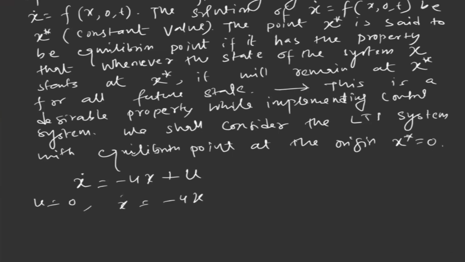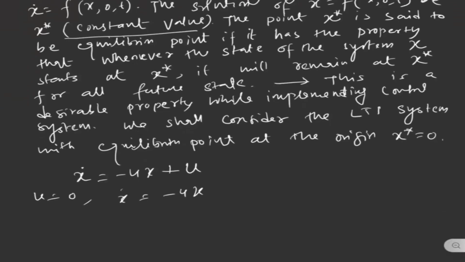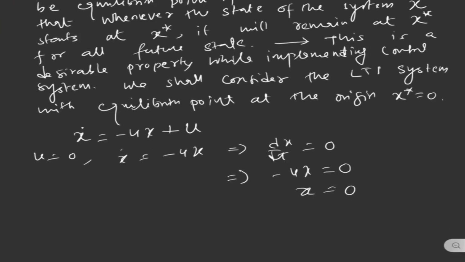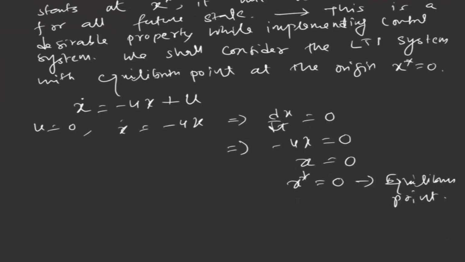In the equilibrium condition, x star is a constant value, so the rate of change of the state is zero: dx/dt equals 0. From minus 4x equal to 0, x equals 0. So x star is 0. In most LTI systems, the equilibrium point is assumed to be zero, at the origin, x star equal to 0.